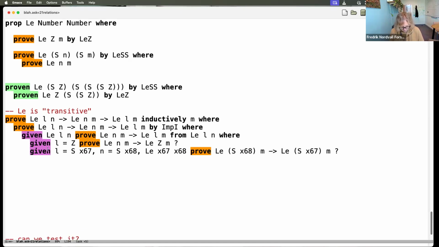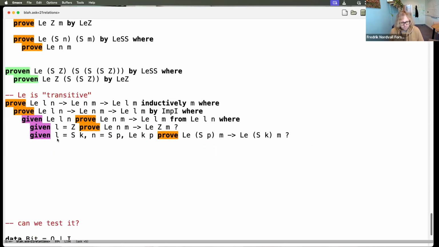Okay. So first of all, I'm going to rename x67 to k and x68 to p, just to get the awful names out of my face. Okay, so in the 0 case, we've learned that L was 0, and that's excellent news.